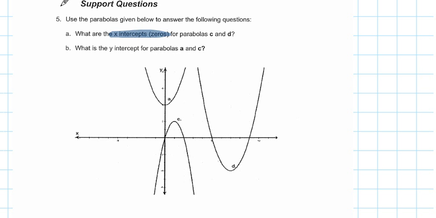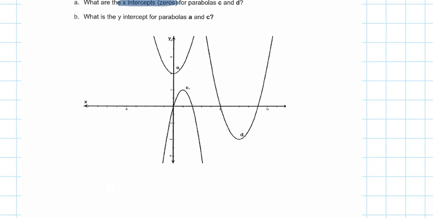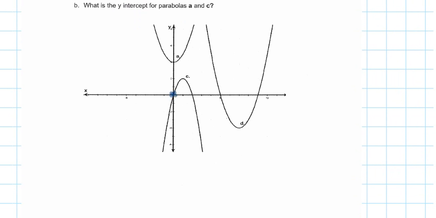So what are the x-intercepts for parabola C and D? Can you tell me what the x-intercepts are for C? 0 and 2? What do I write? x equals 0 and x equals 2. Okay? So when I'm talking about the x-intercept, I have to include the equation, the x equals 2.